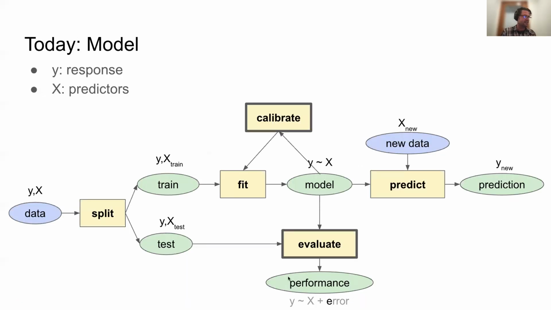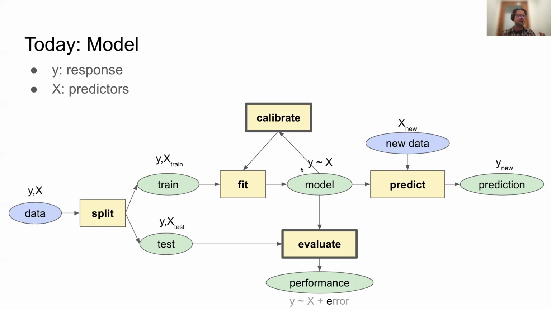Okay, so once you've fit the model, remember we held out this test data. What you want to do with the test data is figure out how well the model did with this subset of the data. Because you have not used this test data set in the fitting of the model, it's considered independent.